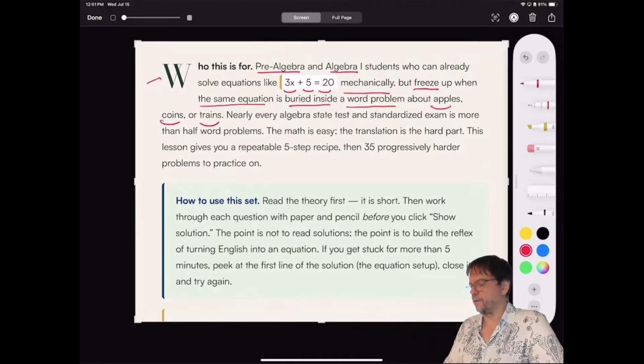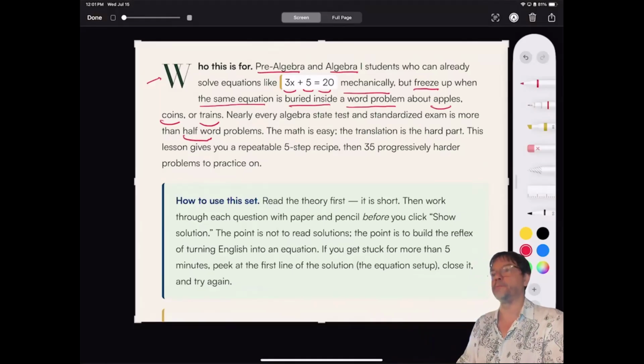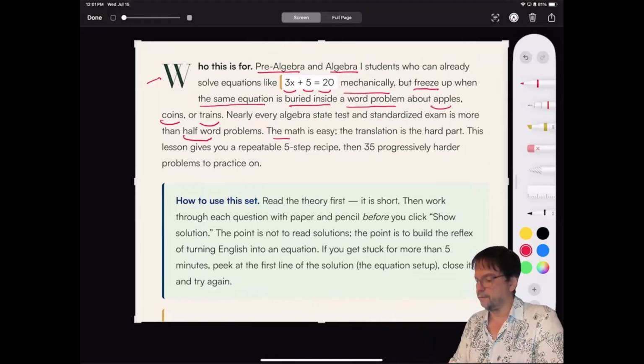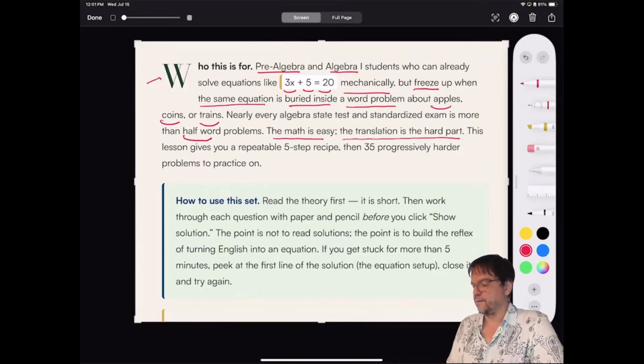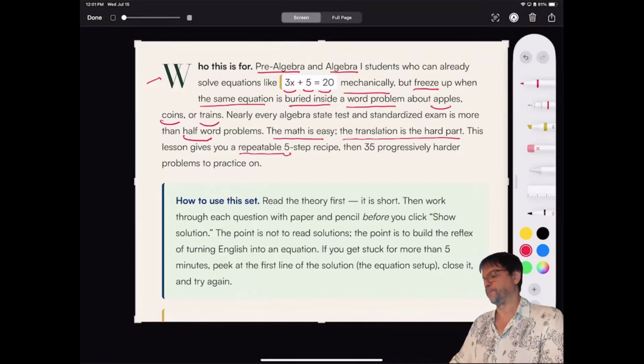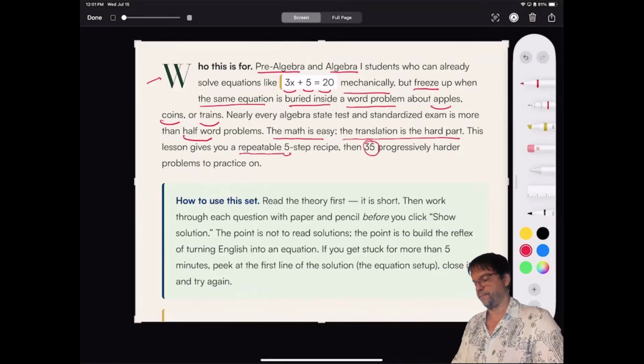Nearly every algebra state test and standardized test exam is more than half word problems. The math is easy. The translation is the hard part. This lesson gives you a repeatable 5-step recipe, then 35 progressively harder problems to practice on.